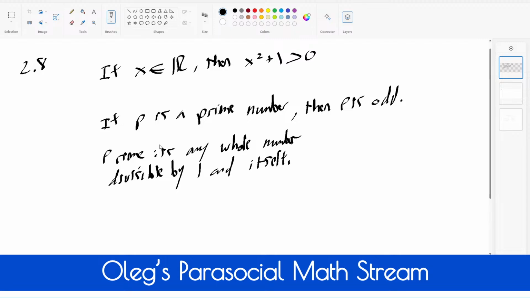Primes are whole numbers. Any whole number is divisible by 1 and itself. If P is a prime number, then P is odd. Well, we just have to find the prime that's even to prove that this is false. And there's only one prime that's even. How cool is that? Moreover, even more interestingly, it's the first prime.